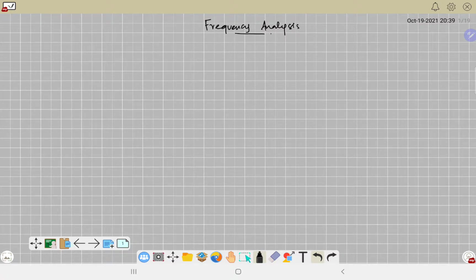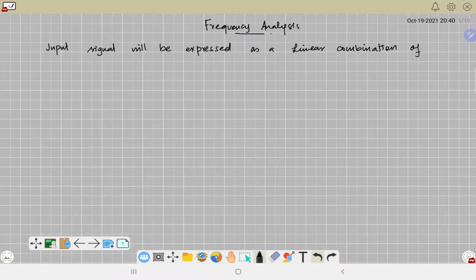As a starting point, we will be expressing our input signal as a linear combination of complex exponential signals. We have already studied this signal in our first chapter.